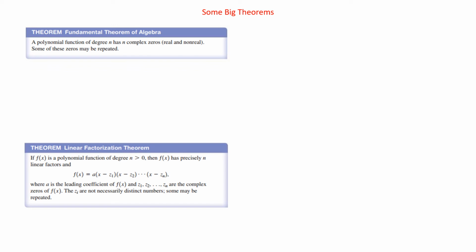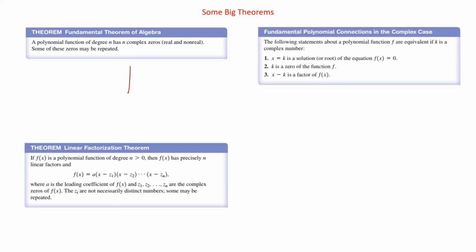The linear factorization theorem. If f of x is a polynomial function of degree greater than 0, then f of x has precisely n linear factors. Well, if it has n zeros, then yes, it has n factors. Where a is the leading coefficient, so you can factor out a, and then you'll have all the factors.